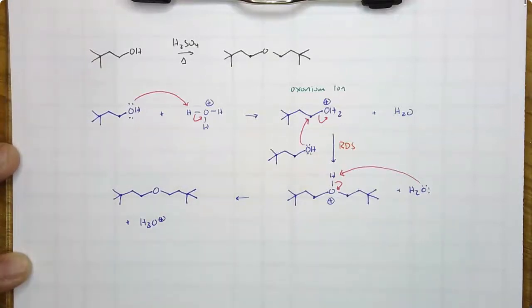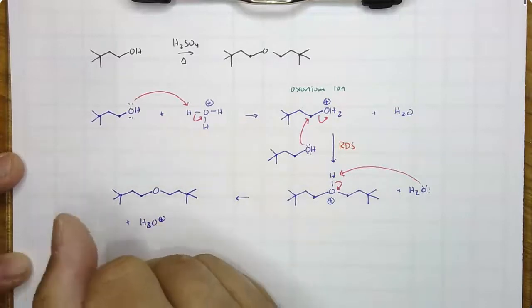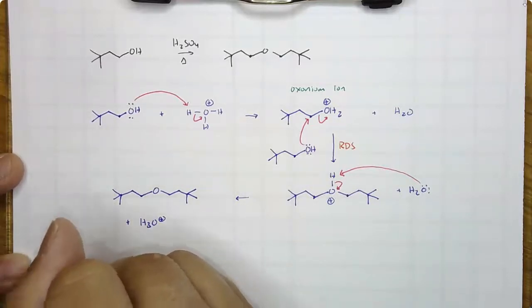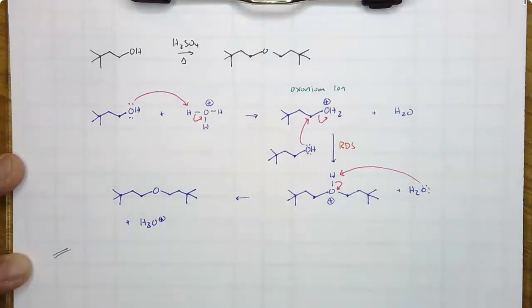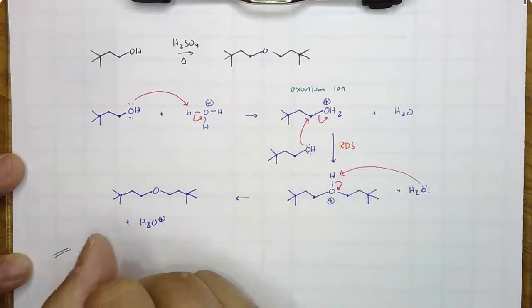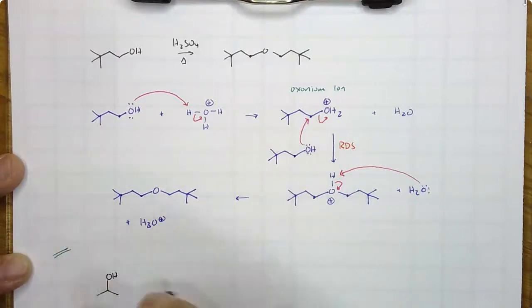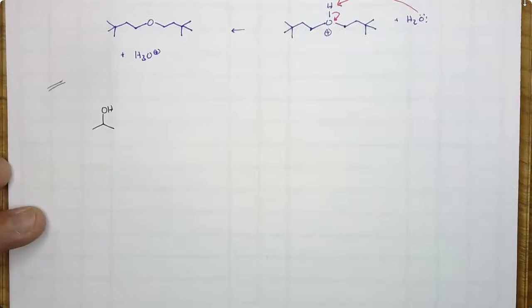Let me describe that here. Let's say we have 2-propanol, like this. And let's say we're trying to make an ether.